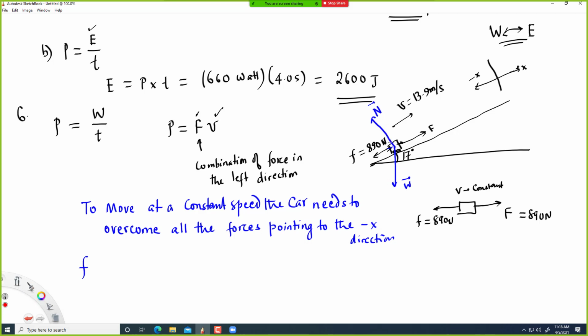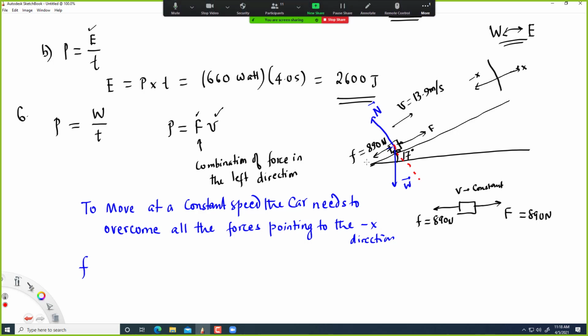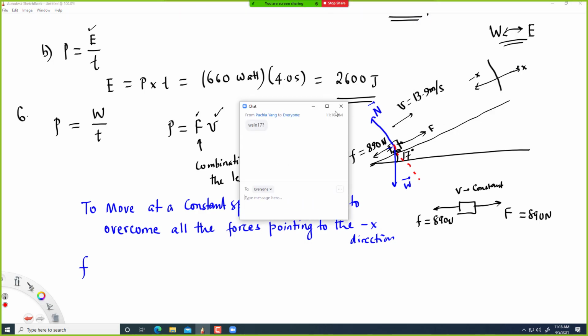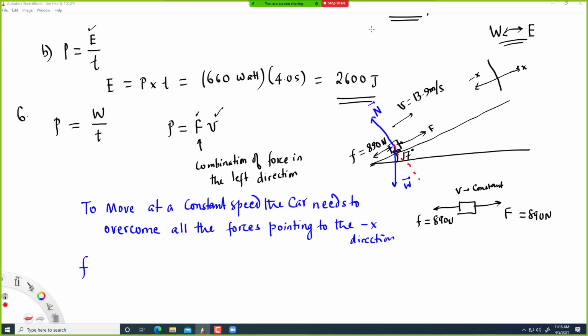This normal is all along y direction. This weight has part pointing in the down direction or y direction and part to the x direction. So, yes, W sine 17 degrees. So there is this component of weight, which is W cosine 17. Okay, this is 17 degrees, so this must also be 17.